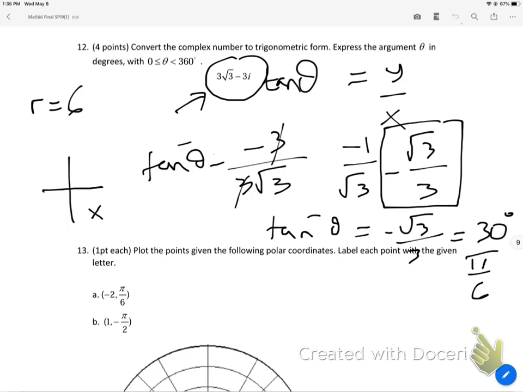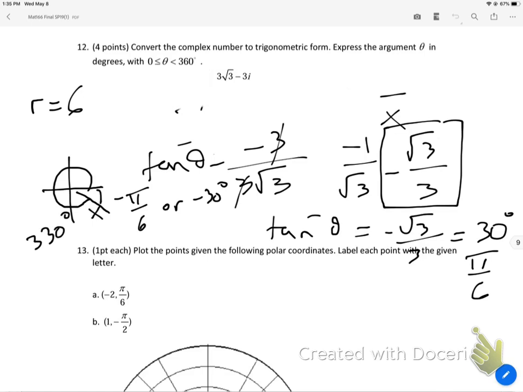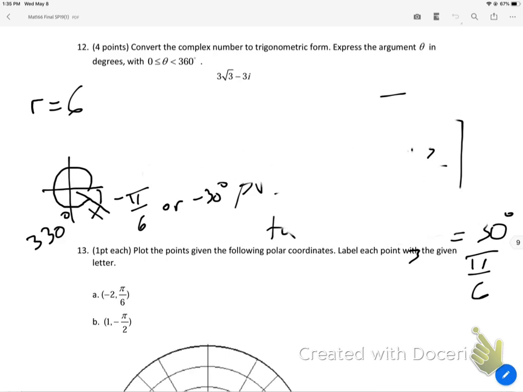So this here is negative pi over 6 or negative 30 degrees. So of course the angle must be 330 degrees.